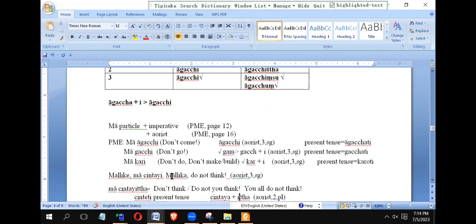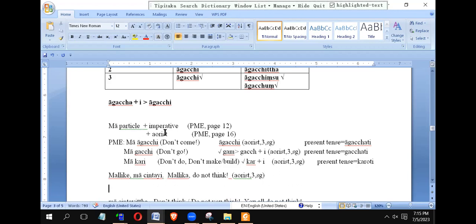So we can look at some Tipitaka. Today I was looking at the Tipitaka. Malike, about the Queen Malika. This is a vocative for the female. Malike, ma cintai Malika. Don't think. So how do we know this ma has to do with the aorist, not the imperative?